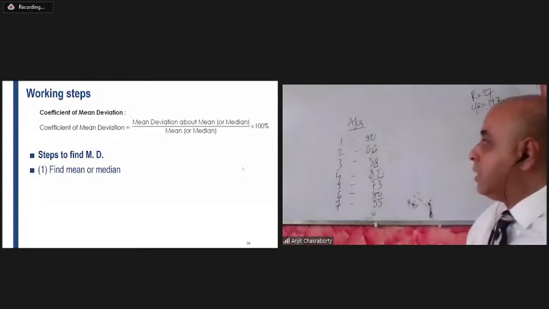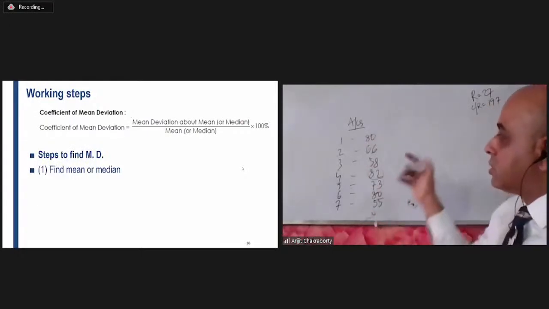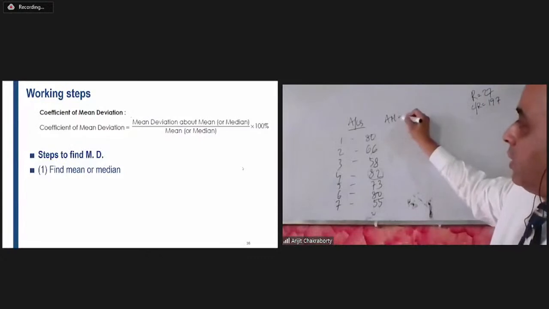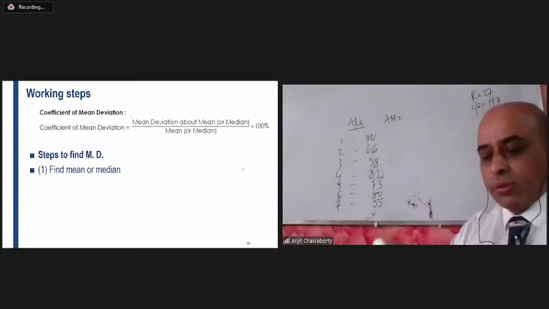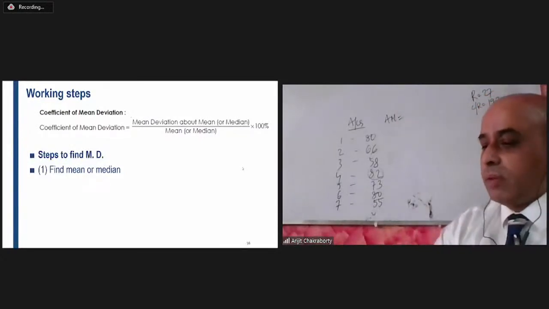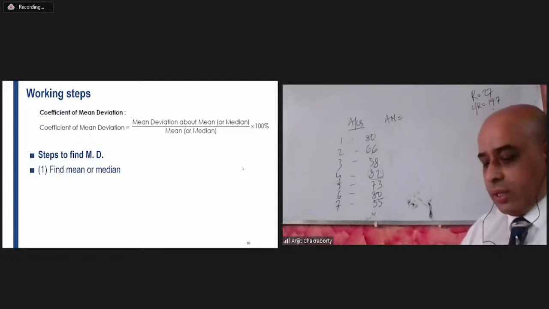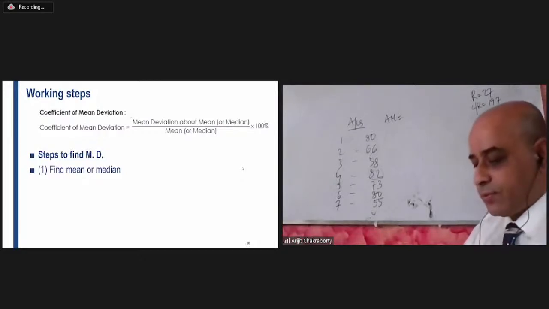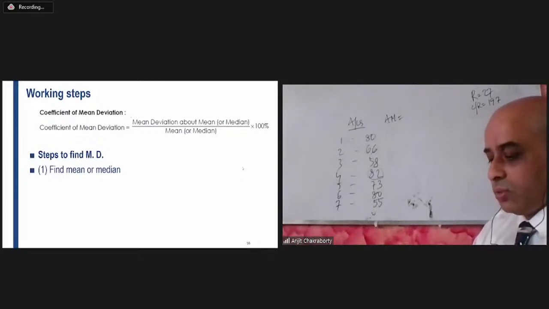First we will find out the mean. Let's calculate the arithmetic mean together; you know the formula. We just add up all the numbers: 80 plus 66 plus 58 plus 82 plus 73 plus 80 plus 55.